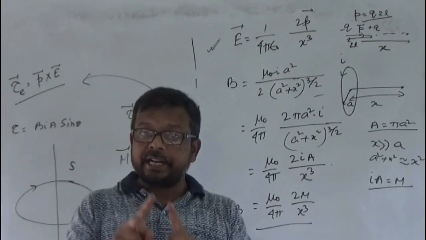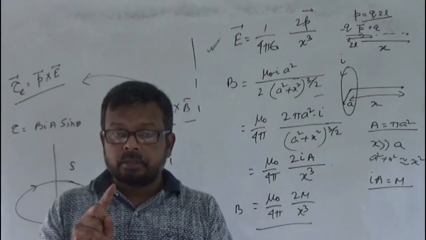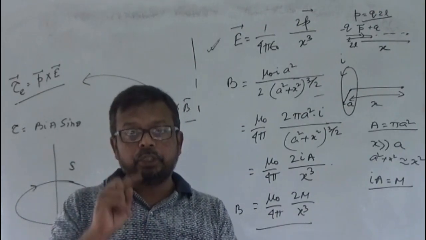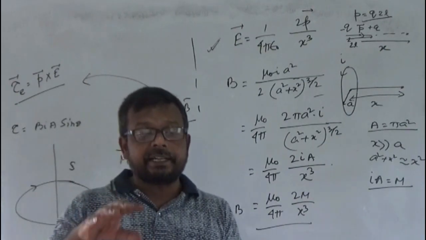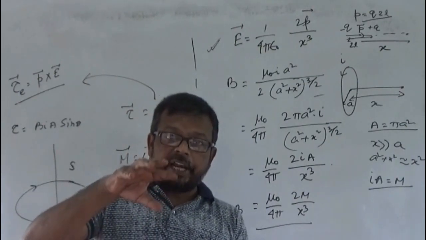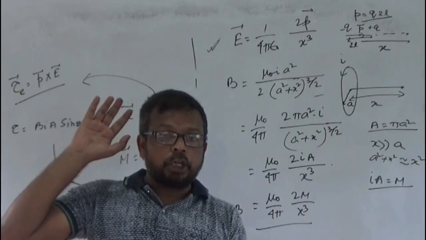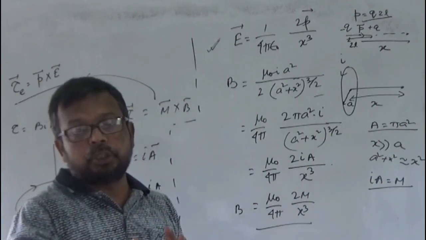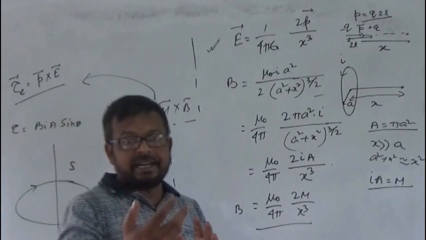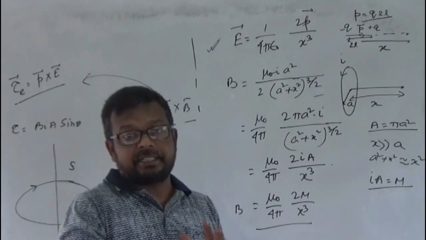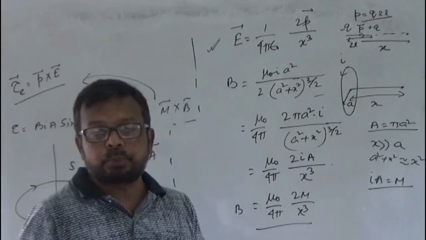One is north pole, another is south pole. On the side from which you see that current is flowing in anti-clockwise direction, that side will be north pole, and the side from which you consider the current to be in the clockwise direction, on that side there will be a south pole.